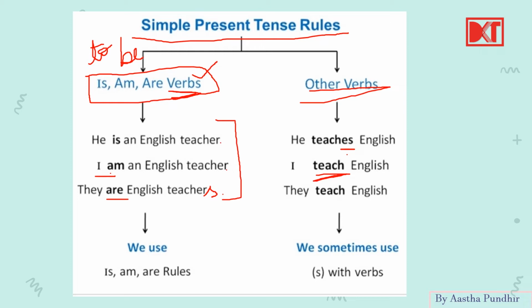And then with they teach English. All right. So we sometimes use s or es with verbs. All right. And here we use is, am, are verbs. These are the basic rules. Now let's move on to more further details in the formation of the simple present.